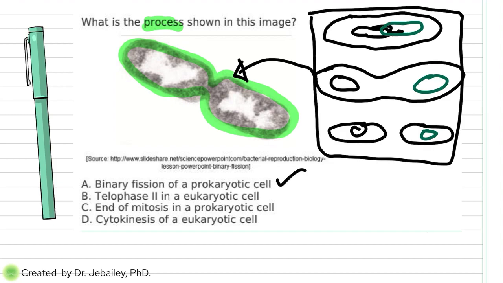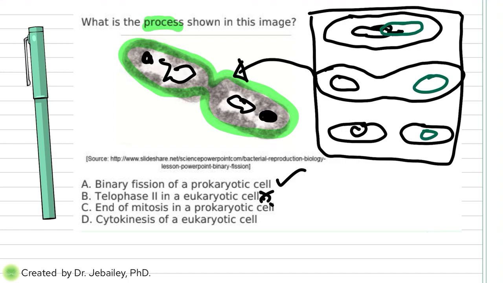This most likely looks like an answer, but read the rest. Telophase II in eukaryotic cells? Not really, because it wouldn't have this kind of shape. This looks more like a rod. Some students will wonder if it could be, but then there would be a darker side here, and it wouldn't be all this white part. So I would still say no.